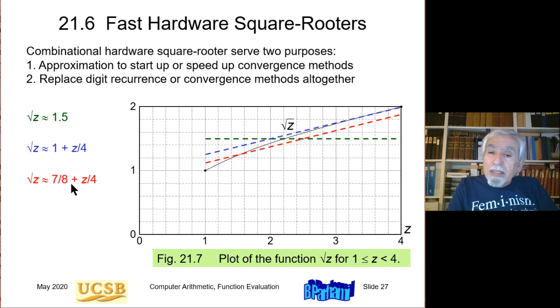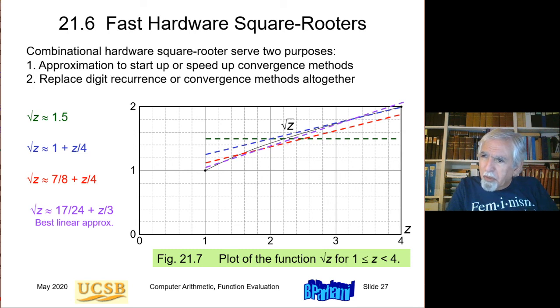However, this cannot be computed as easily as that one. z over 4 is still a fraction, and 7/8 is also a fraction. You need an actual addition to compute this, so you need one addition step for this approximation. This is the best linear approximation, the purple line.